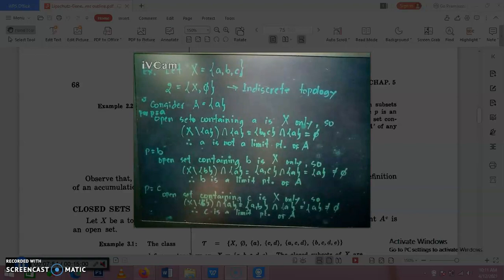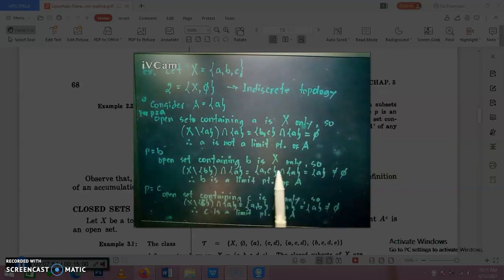Therefore, A is not a limit point of the set A. Now to test again for P equals B, we will get the open set containing B, and we know that it is X only. So again, X minus the set B is the set AC, and the intersection with set A is not empty.